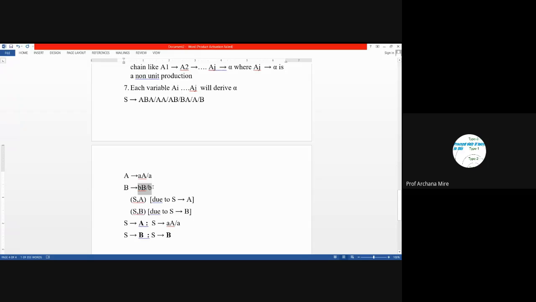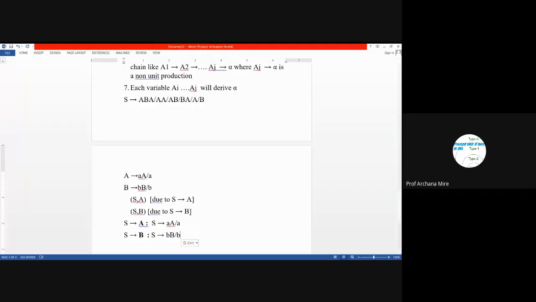So let's replace this unit symbol with non-unit productions, and we have introduced S leading to BB | b. Is there any other non-unit production? No, there is no other.